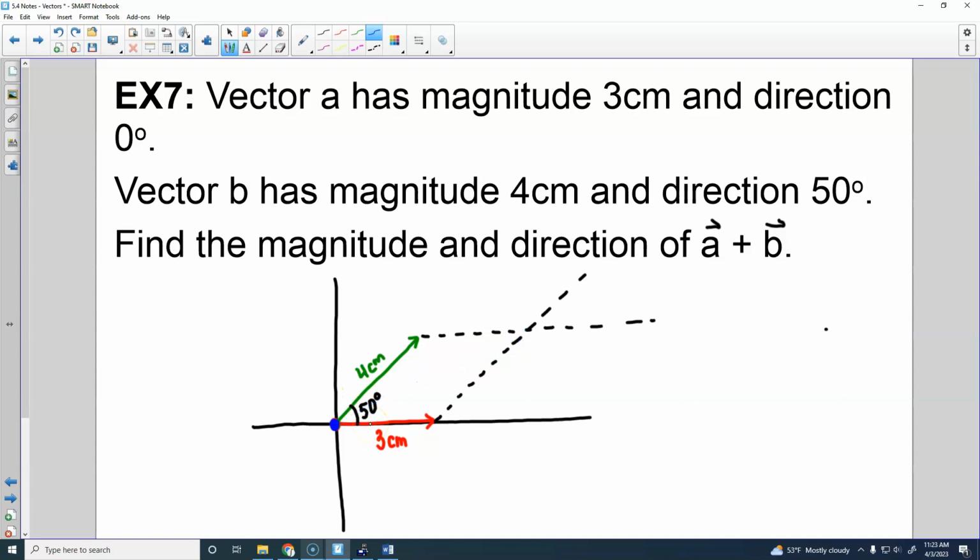So I'm going to do this. I'm going to take away my vector I just drew, just so you guys can picture it a little bit. I have a parallelogram. If this is 50 degrees, what is the angle over here? Also 50 degrees. All right. What do the angles of a parallelogram have to add up to? Not 180, that'd be a triangle. 360.